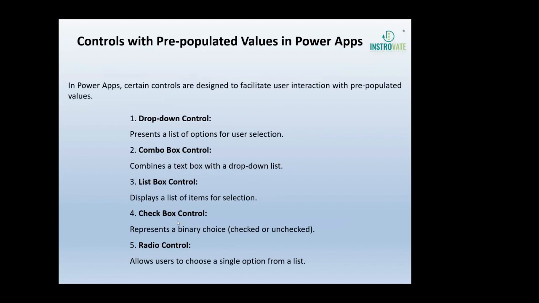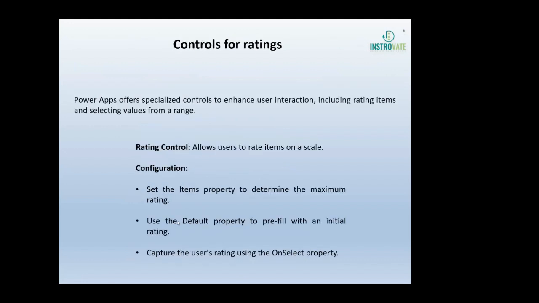Either checked or unchecked. Radio control, so if a user wants to select any single option from the list, for that we will use the radio control. Now controls for rating. Power Apps offers specialized controls to enhance user interaction. If you want to add something related to rating, you use the rating control.